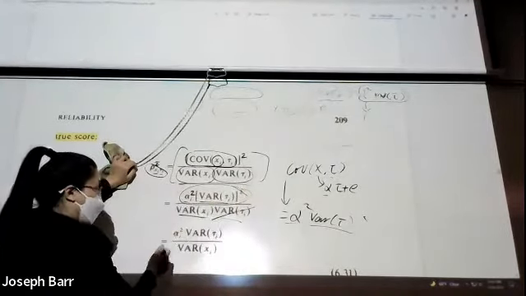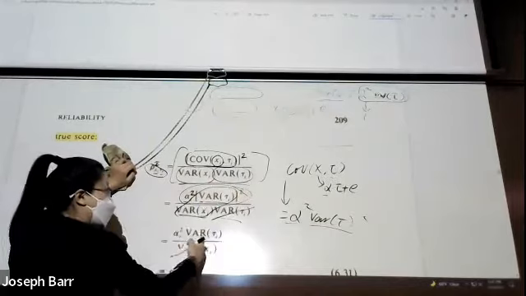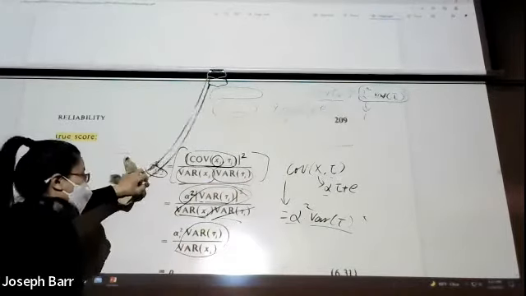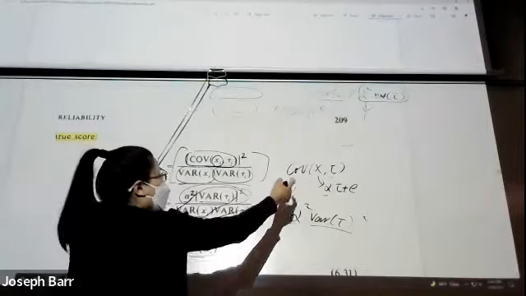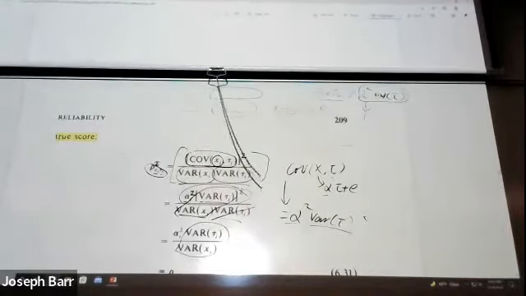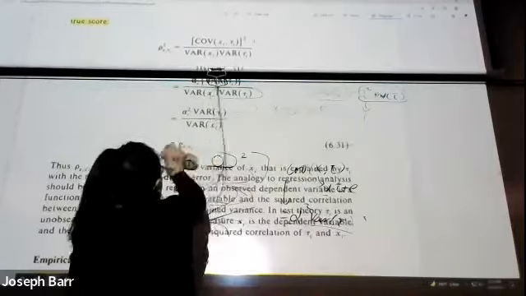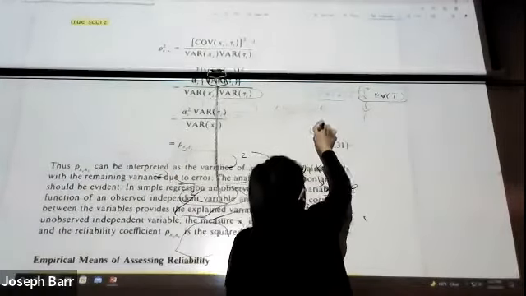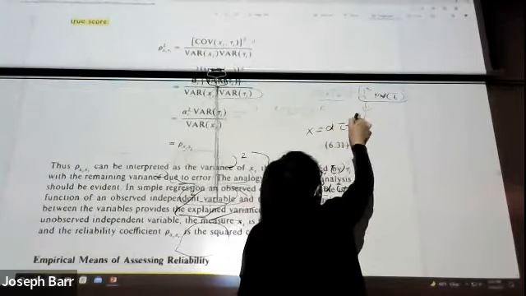Now let's look at this part. We have variance of tau over variance of x, and we have the alpha. Based on the formula, that is just the reliability of this x, because x is alpha times tau plus e.